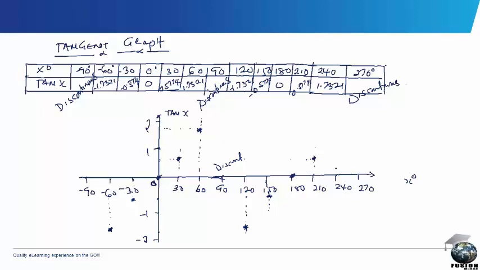At 240 you have 1.7, tracing from this point, and then at 270 again it becomes discontinuous. So we can fit this curve using this.